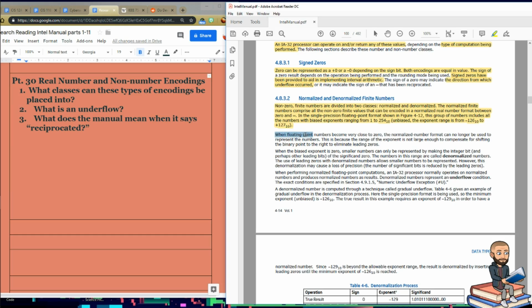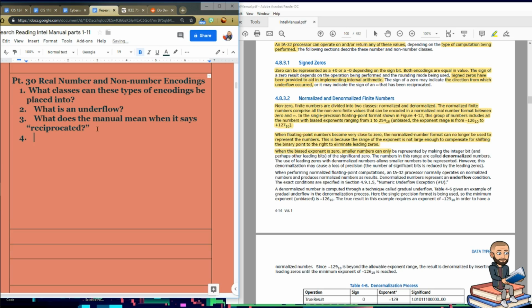When floating point numbers become very close to 0, the normalized number format can no longer be used to represent the numbers. This is because the range of the exponent is not large enough to compensate for shifting the binary point to the right to eliminate leading zeros. Okay, so showing really small numbers seems to be problematic to Intel, or maybe to the IEEE 754 standard.